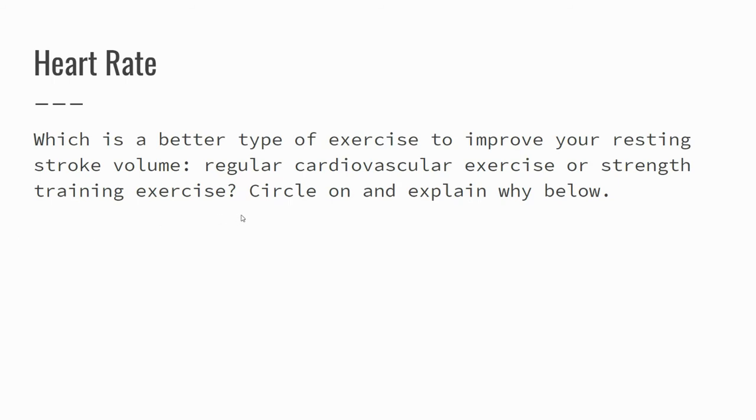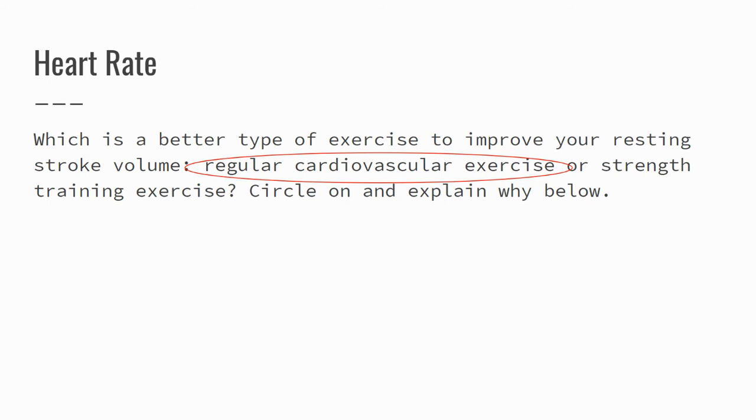So what is the best type of exercise to improve your stroke volume and your heart? The answer is that regular cardiovascular exercise is better than strength training. The more you lift straight weights, your heart doesn't get stronger, it gets thicker. Think of how when you lift weights, the muscles in your arms get bigger, or if you're trying to get abs and doing lots of crunches to strengthen those muscles.